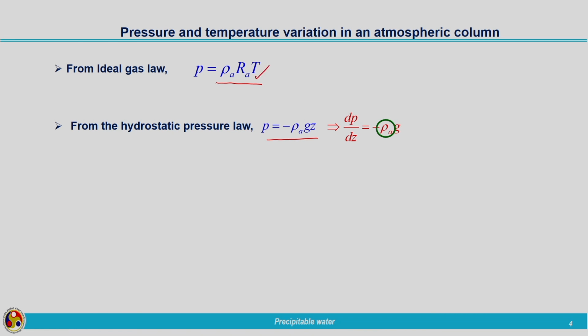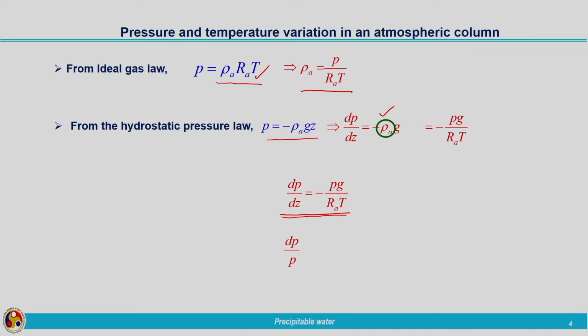We will use the ideal gas law to get the density of moist air, that is rho A is equal to P divided by RA T. Substituting this in dP by dz, it takes the form dP by dz is equal to minus P g divided by RA T.